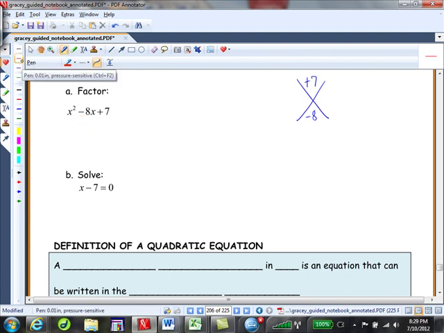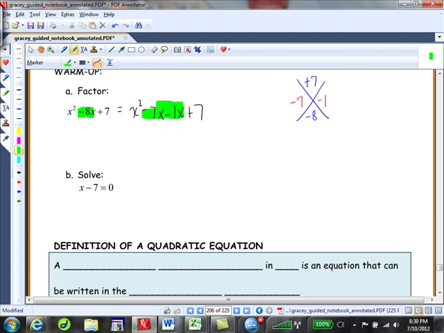So the two numbers we come up with are -7 and -1. This yields x squared minus 7x minus 1x plus 7. So our middle term has been broken up into -7x minus 1x.